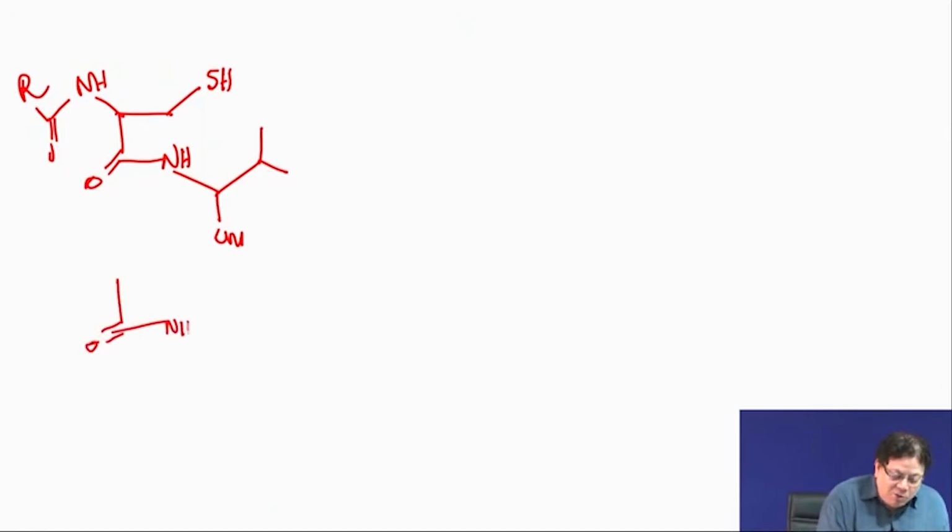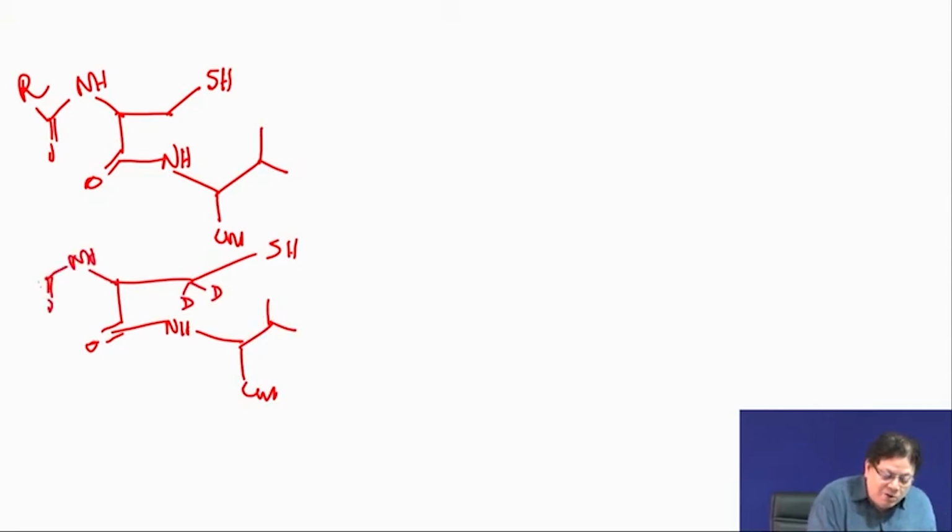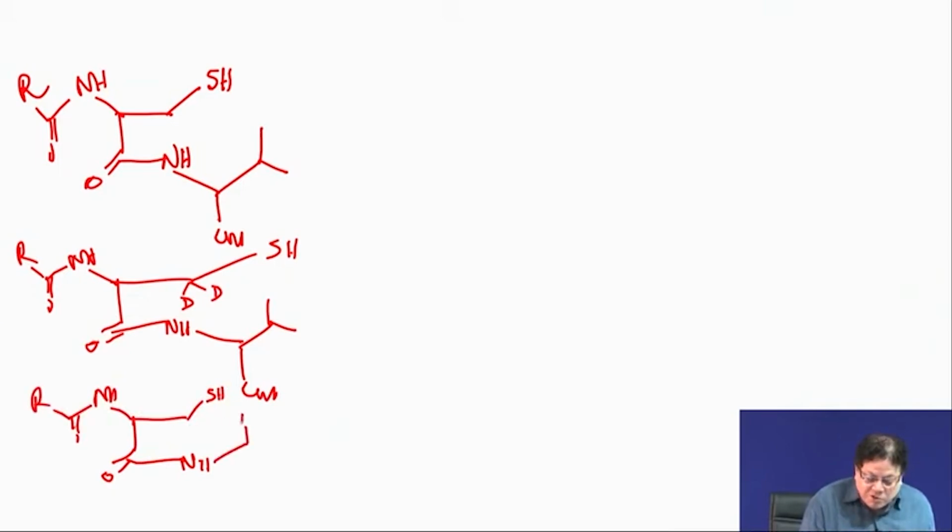Then this molecule was also made with proper stereochemistry, 2 deuterium Cr, okay, and then NH COR. And the third molecule was made, SH, which had a deuterium at this position.